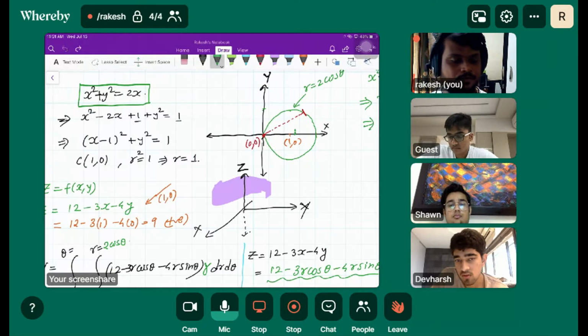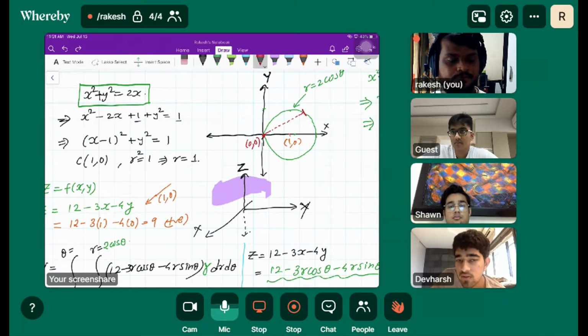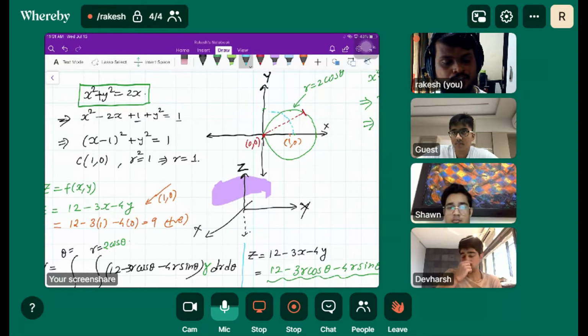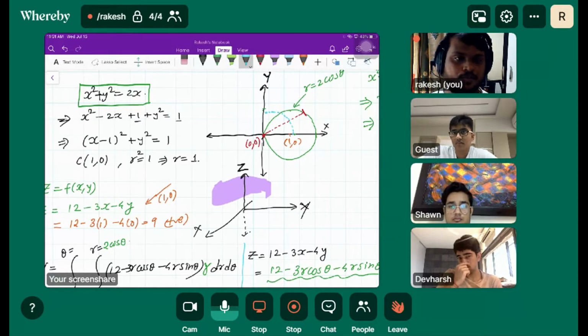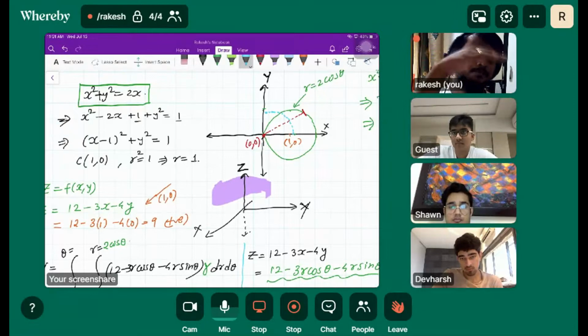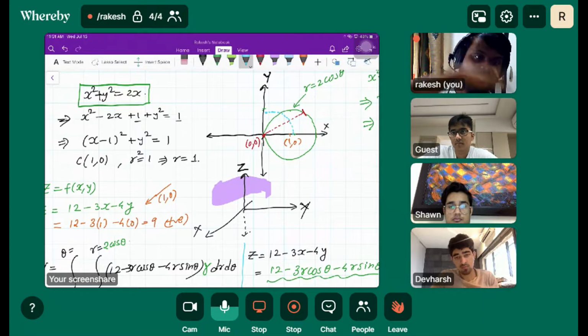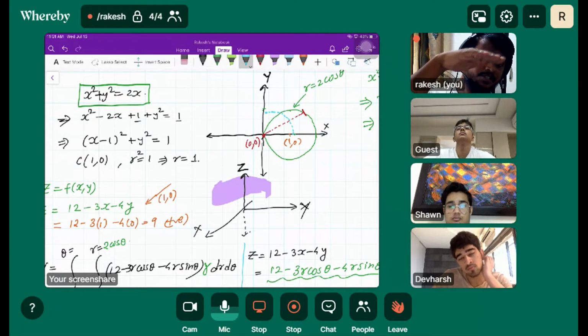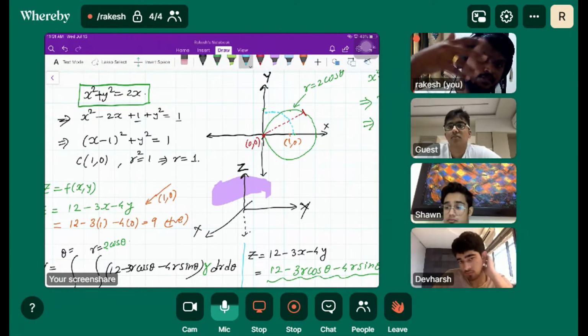From 0 to pi by 2, we have covered the half circle, which is in the first quadrant.